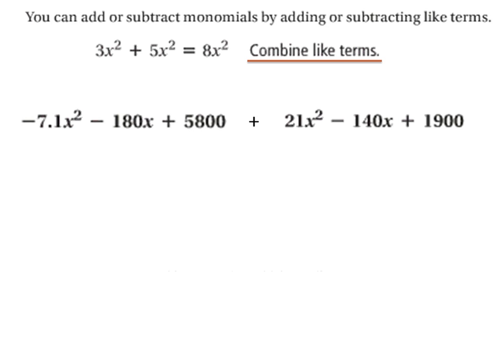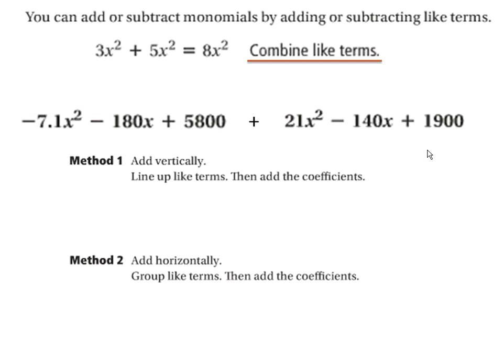But there is a vertical method that I need to at least show you. So if we're taking this polynomial and we are adding this polynomial, we can add vertically and horizontally. Okay. Vertically is like this. I like horizontally, and I misstated that earlier.